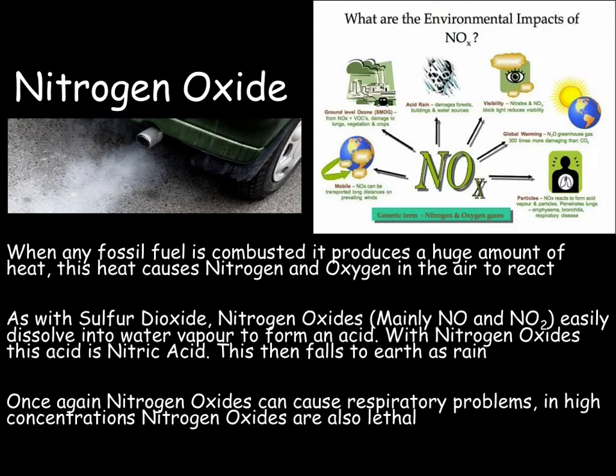Just as we saw with sulfur dioxide, nitrogen oxides, mainly NO and NO2, easily dissolve into water vapour to form an acid. Instead of sulfuric acid, this is nitric acid. Once again, this can fall to Earth as acid rain. Both the nitrogen oxides and sulfur dioxide can cause respiratory problems and in high concentrations can be lethal. However, the damage to the environment is caused by acid rain.